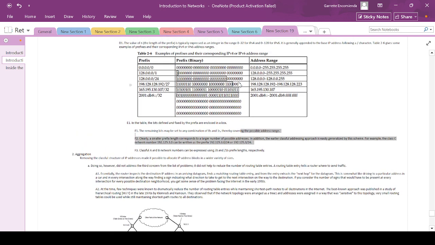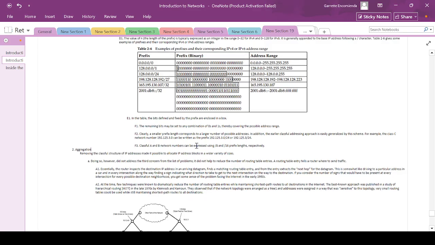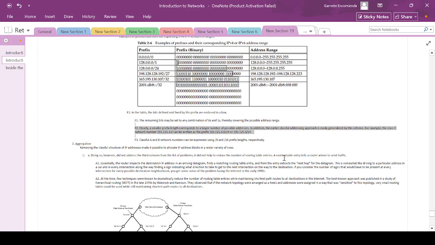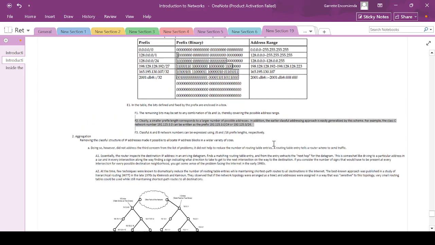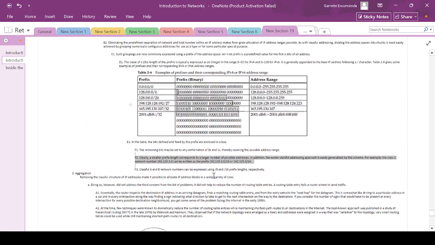So these define the possible addresses. So instead of the classes organization, we now have this prefix, which is really a combination of a mask and the network. Clearly, a small prefix length corresponds to a larger number of possible addresses.